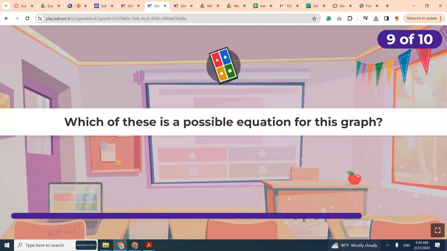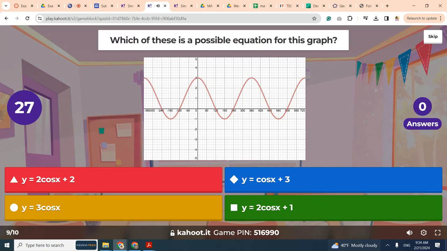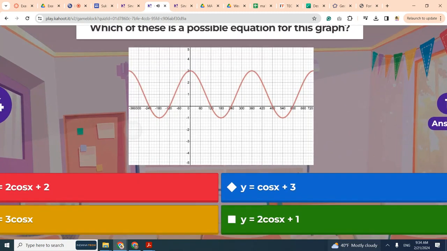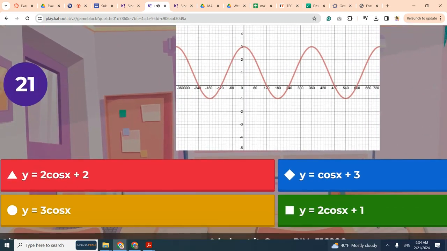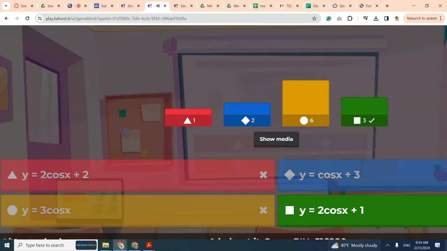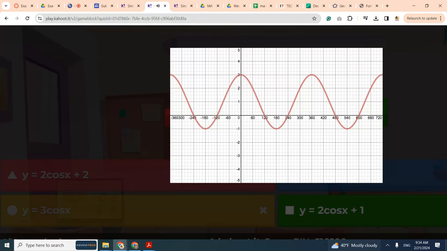Which of these is a possible equation for this graph? Let me make it bigger. Okay, let's see. What is the amplitude? 2. Where's the midline? 1. Right?